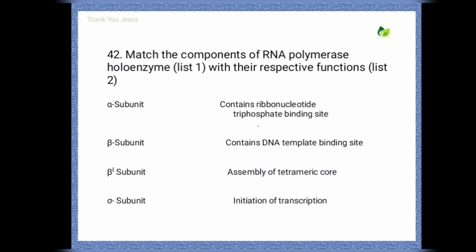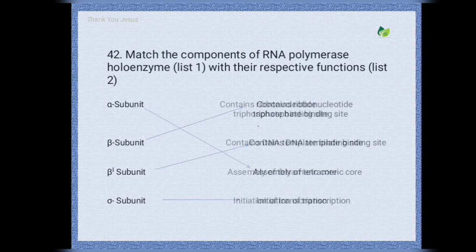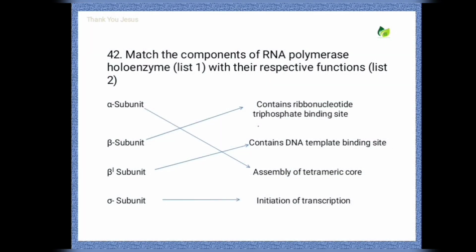Match the components of RNA polymerase holoenzyme list 1 with their respective functions list 2. Here they have given holoenzyme subunits. So we have to match them with their respective functions. Okay, I am going to give you the matching. Alpha subunit involved in the assembly of tetrameric core.